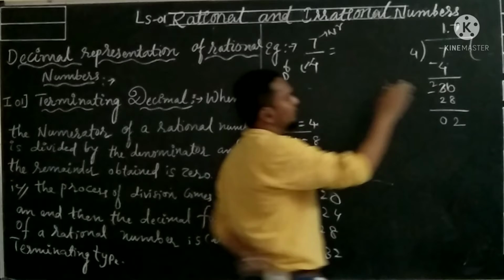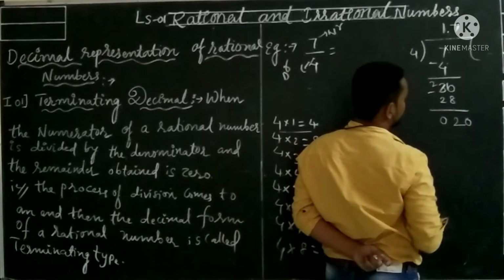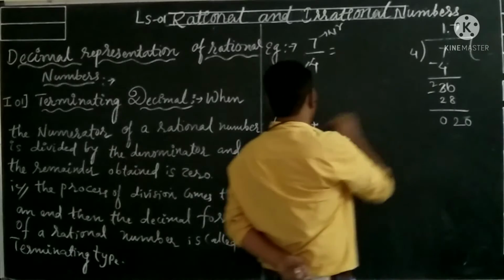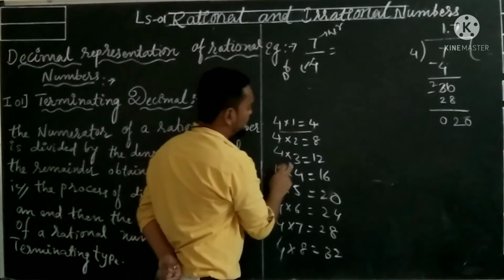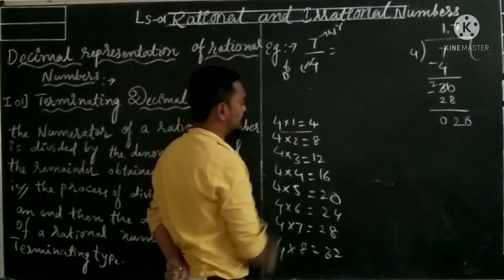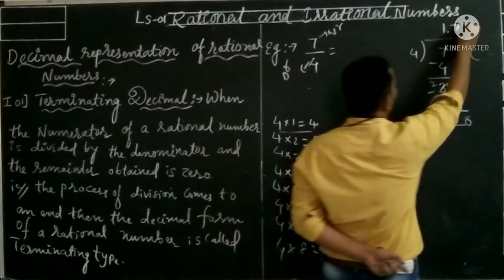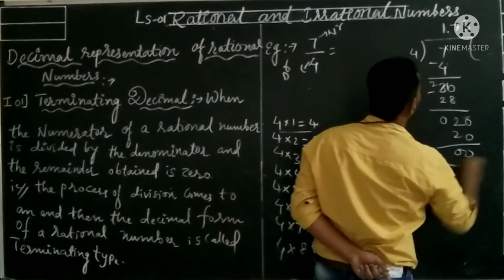Now we put the decimal point and again a 0, making 20. 4 fives are 20.